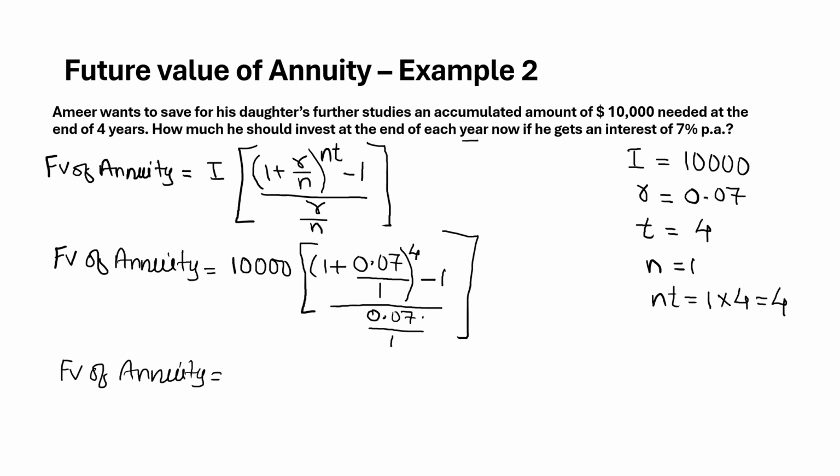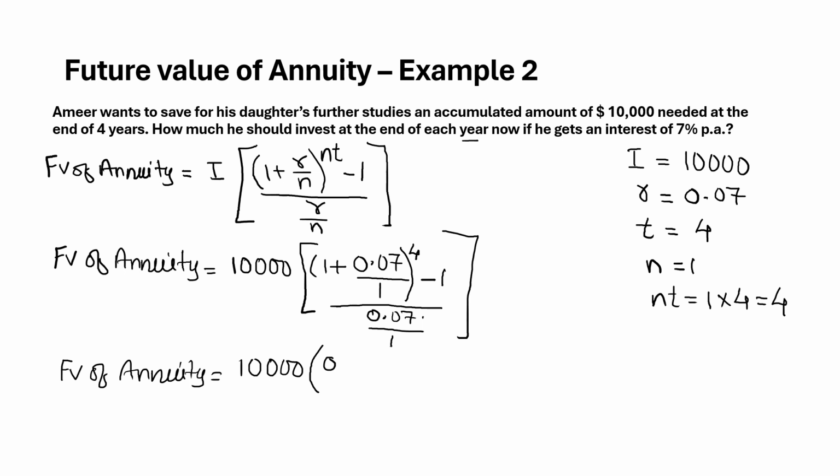So now our future value of annuity is equal to 10,000. Just remember what I told you in the previous question also. Take your calculator, open the bracket, 1 plus 0.07 divided by 1, it is the same. So 1 plus 0.07 bracket close, power of 4 minus 1. What answer will you get?